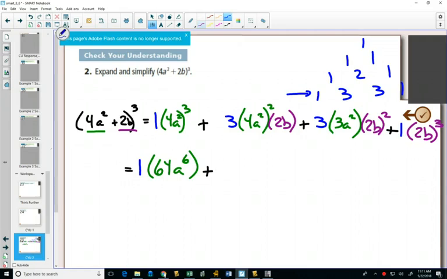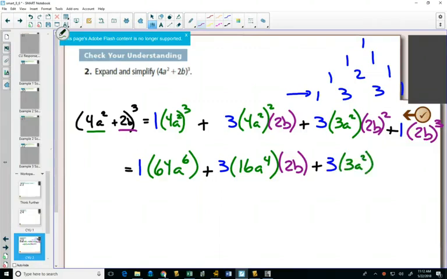Plus 4a squared squared will be 16a to the 4. And simplifying my purple one, well, it's just going to stay 2b. Now the purple one is getting squared.